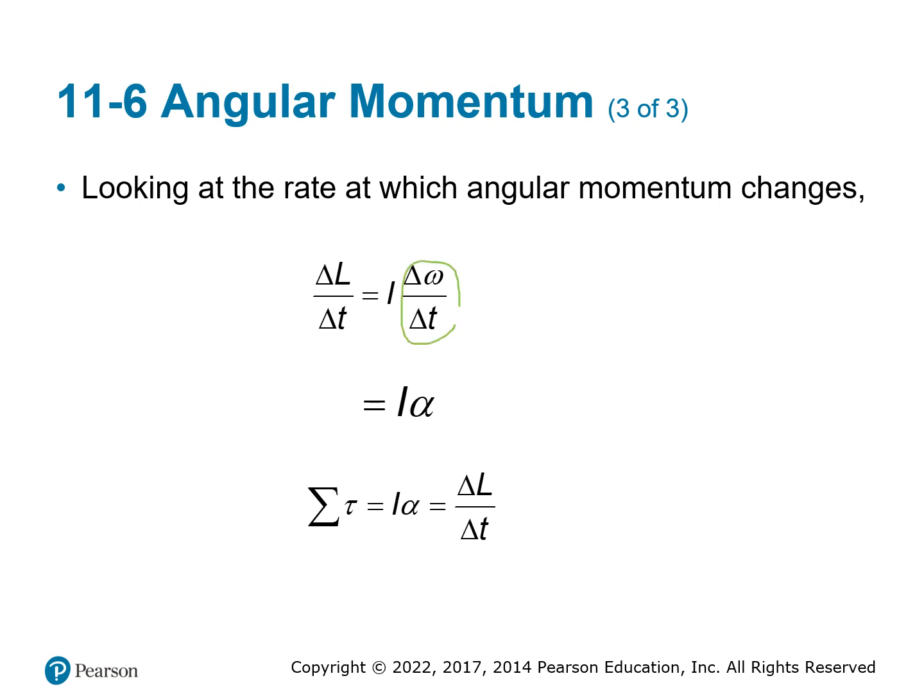And this right here gives you angular acceleration. So you can also rewrite it as the sum of torques equals moment of inertia times angular acceleration, right? Newton's second law for rotation. But now you can replace that with change in momentum over change in time. It all relates to each other.